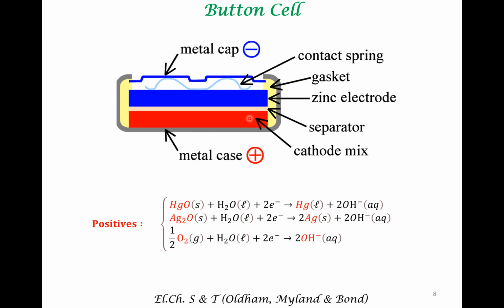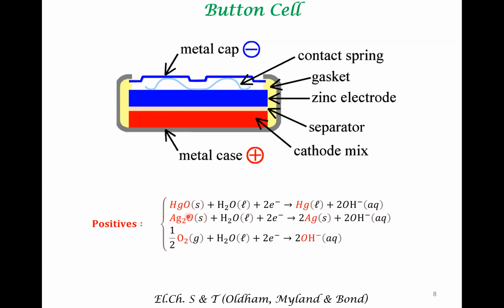The role of the cathode mixture: the cathode mixtures, or the positive electrodes, are all oxidizers. Okay, so in the process of being an oxidizer, they themselves will get reduced. So you may have oxide of mercury, which is a solid. As it provides oxygen for oxidation of zinc, it will get reduced to mercury, a liquid.